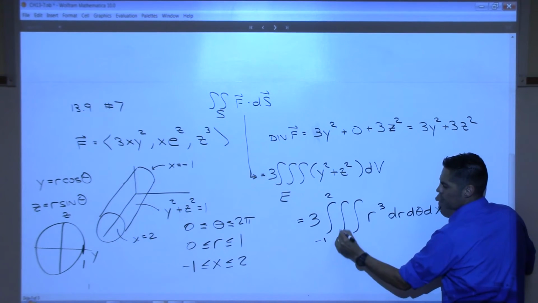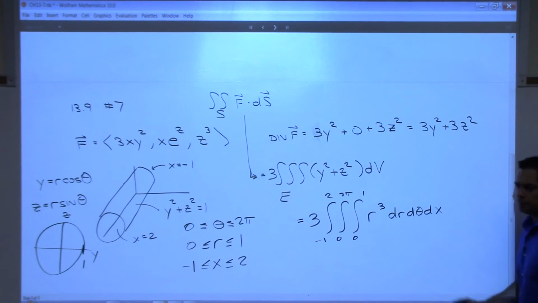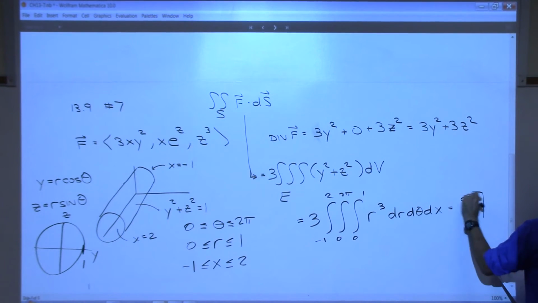Theta goes 0 to 2 pi. r goes 0 to 1. Dot, dot, dot. Do you want me to dot, dot, dot that? Yes? Okay, 9 pi over 2 is what you will get.